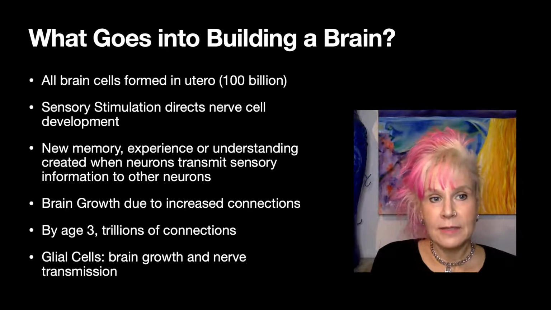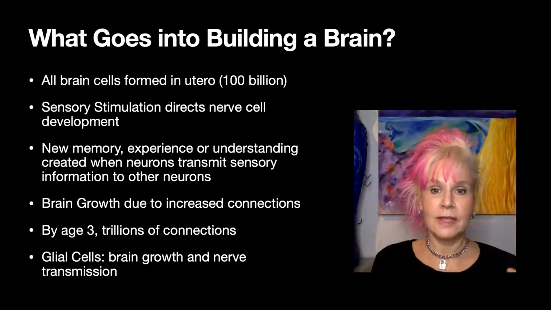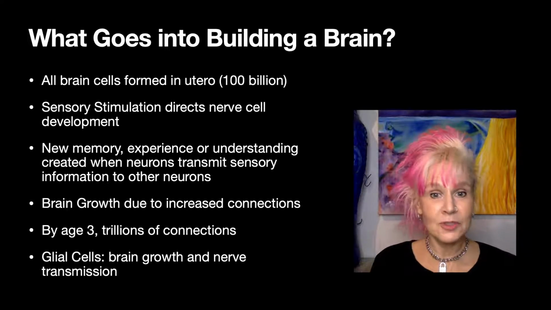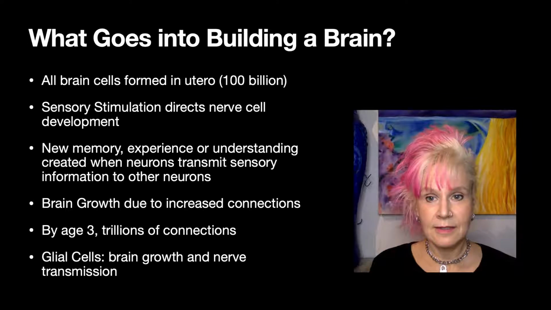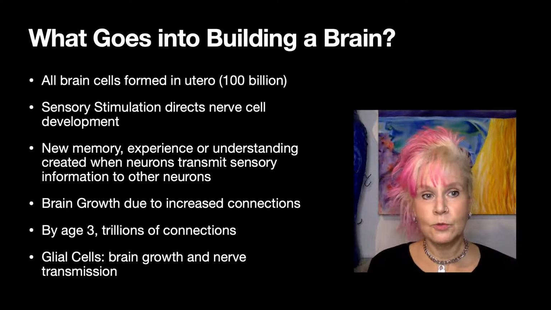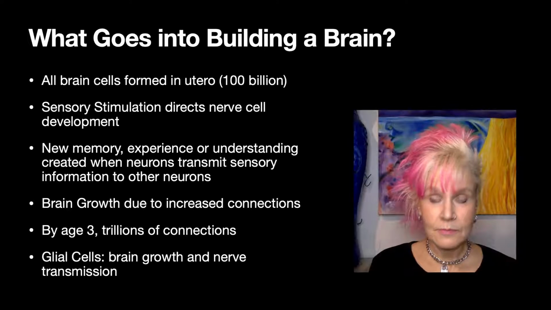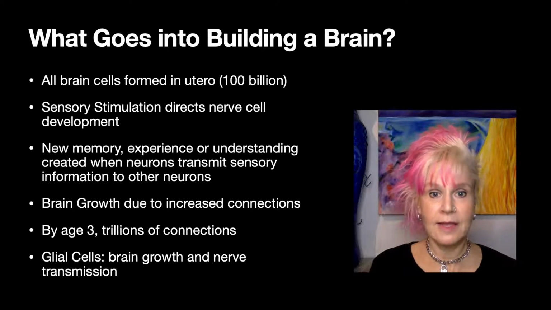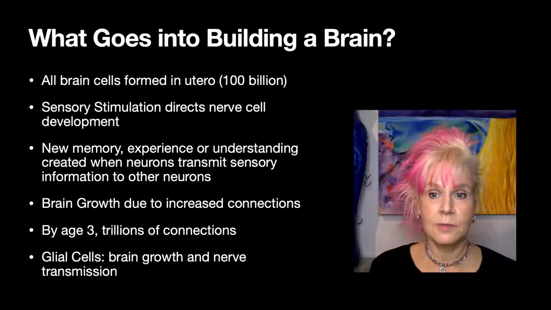And then what happens is that we have sensory stimulation of taste, temperature, touch, light, sound, gravity, vibration, and all of those senses are going to direct those nerve cells and how they develop. So in other words, if a baby is put into a dark room without any sound or light or touch, they're not going to develop because their brain won't receive any stimulation.